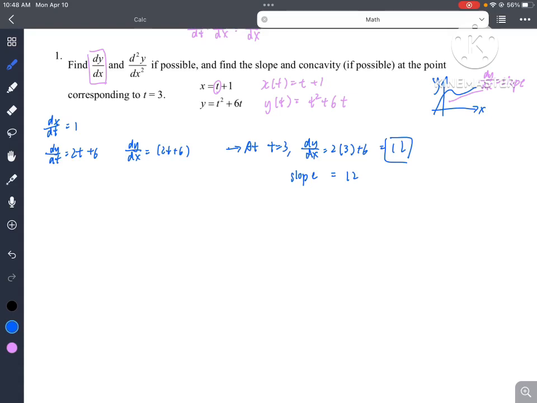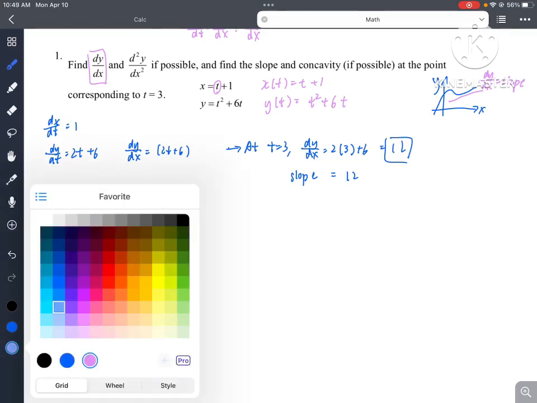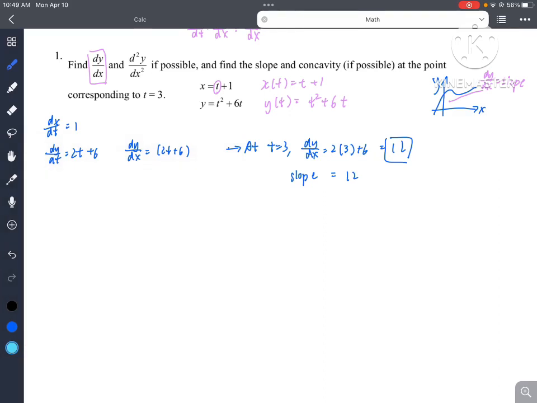Well, we should just use chain rule again. So we know that d2y over dx2 is just d over dx of dy over dx. And this, we can use chain rule, which is just d of dy over dx dt times dt over dx.